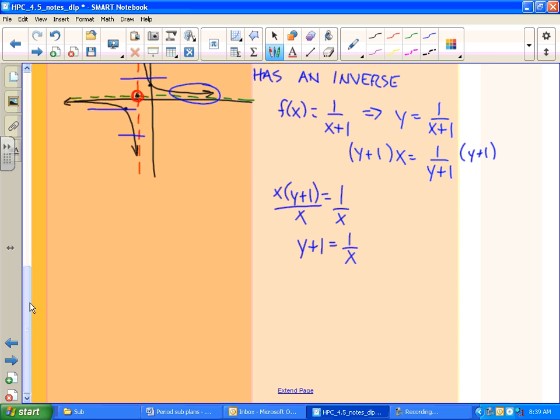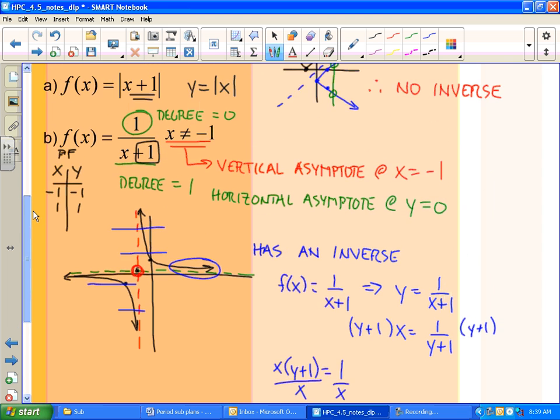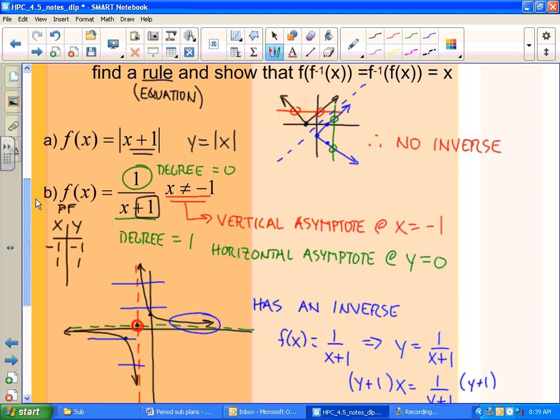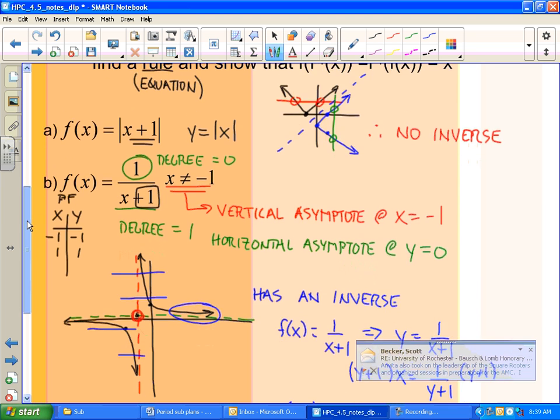And then now we subtract the 1, and we get y is equal to 1 over x minus 1. So our inverse function is equal to 1 over x minus 1. There's our rule for our inverse function. Now we're going to test them to show that they are both equal to x.